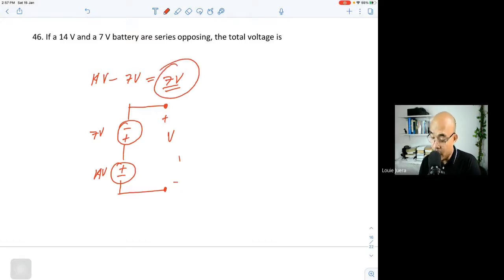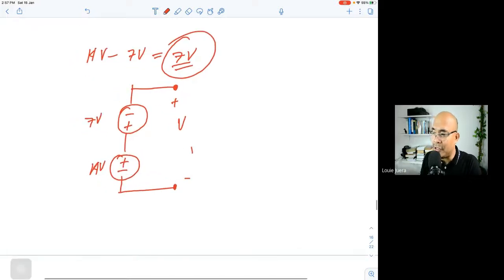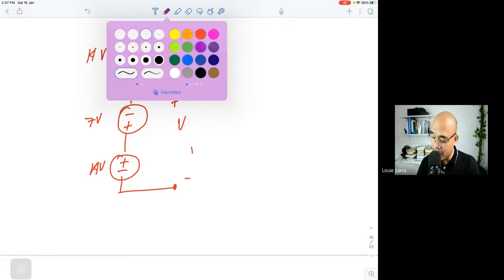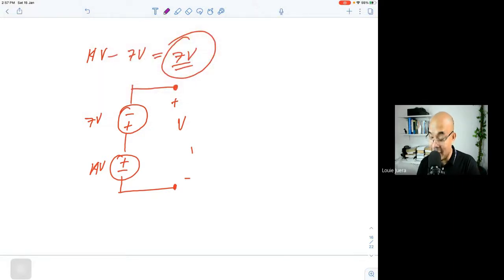Why? Let's assume, to understand the concept of series batteries opposing and aiding, try to consider this one as a source of tsunami or a source of wave, something like that. If this is the 14 volts, then the wave of this particular voltage goes like that. That's the wave of the 14 volts, a little bigger wave.